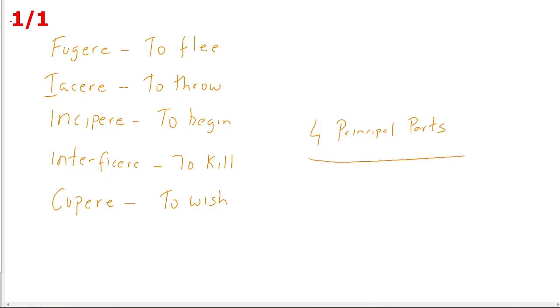And this understanding of these 4 principal parts, especially the first 2, that is the present and the infinitive, will help us to understand whether a word belongs to the first, second, third regular, third IO, or the fourth conjugation.